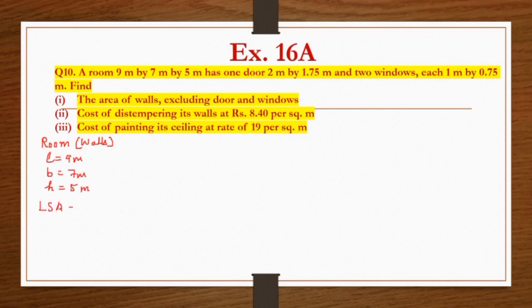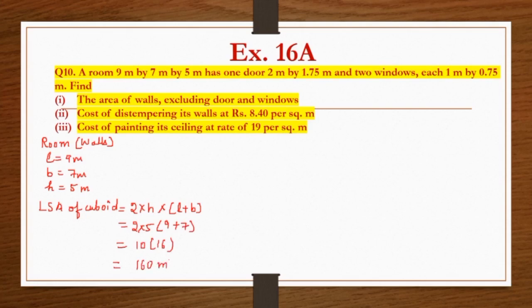So LSA of cuboid we all know, that is 2 multiplied by H multiplied by L plus B. Now solve this. So we got 2 as it is, H we have 5, L means 9 and B is 7. 5 2s are 10 and 9 plus 7 is 16. So we have 10 multiplied by 16, that is 160 meter square.